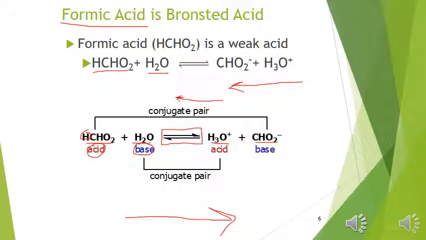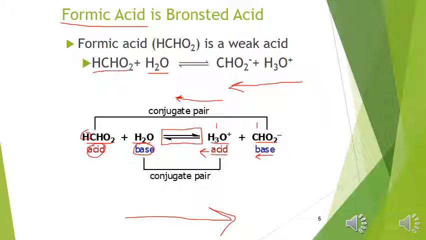Now if you look at the reaction going the other way, looking at these two guys, you can see that the H3O plus loses an H, so it becomes the acid going this way, because it loses the H, and this guy is the base going this way.